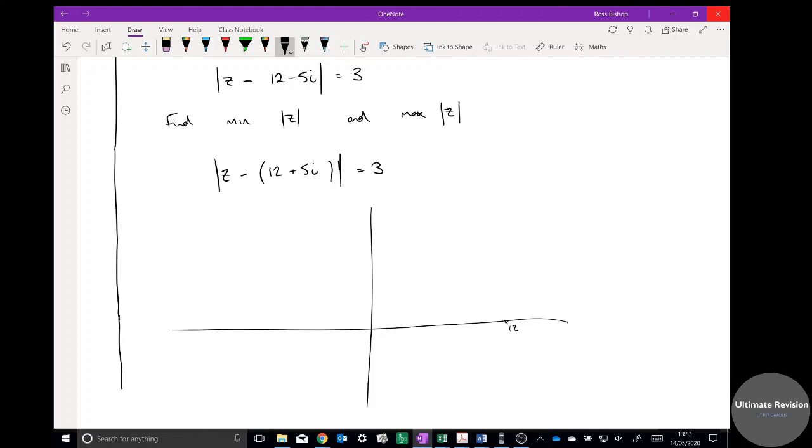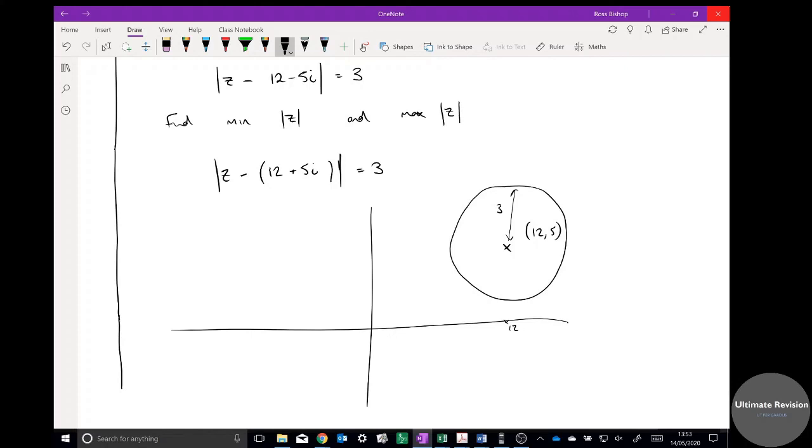12, 5 is going to be up here. That's the center, and the radius is 3, so it's going to look something like that with a radius of 3.